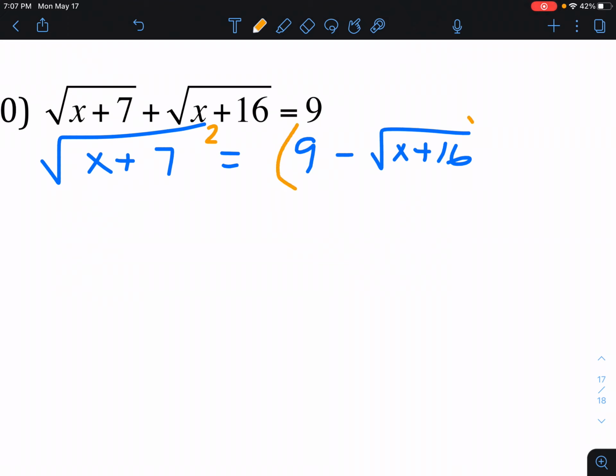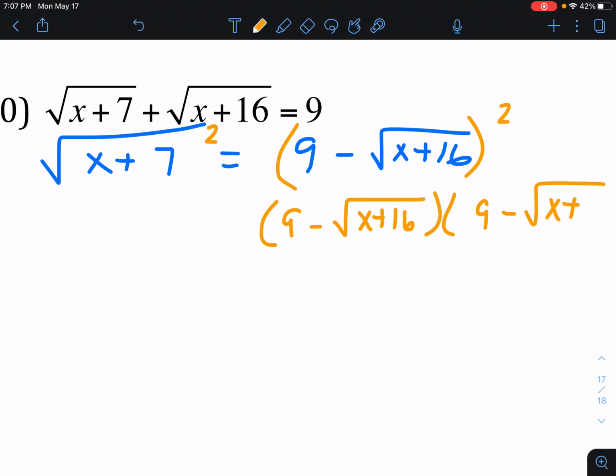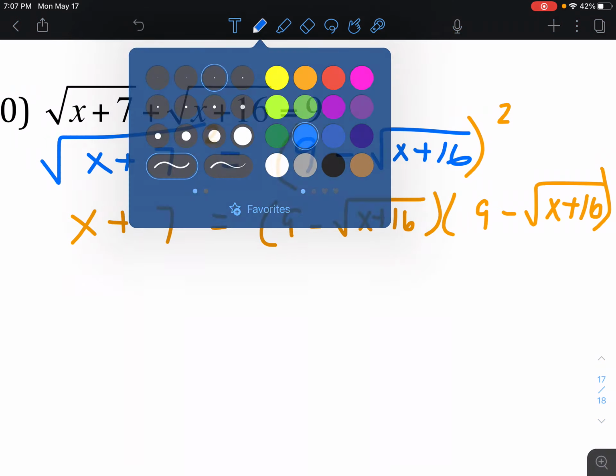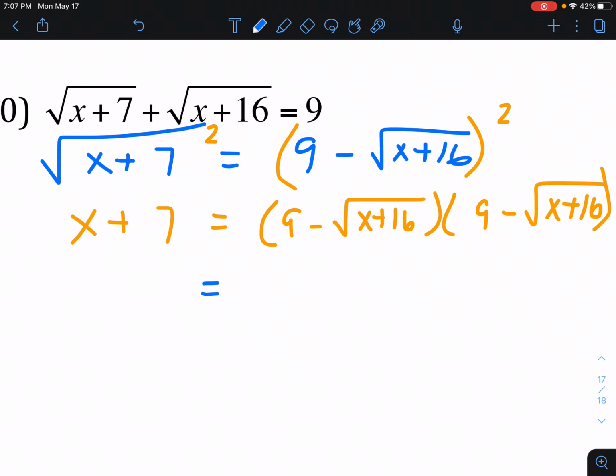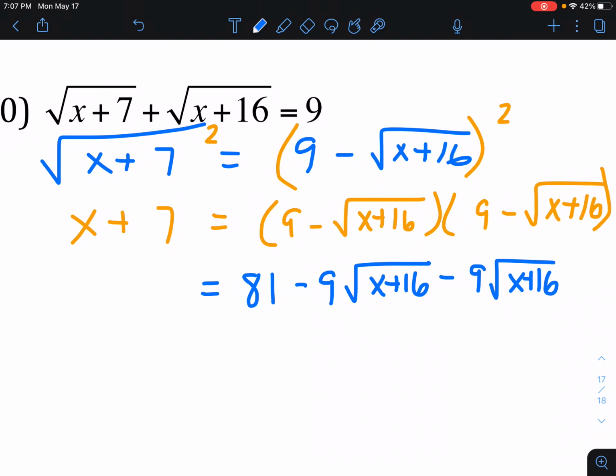Unfortunately, we're going to have to write it twice and FOIL on the right. Okay, so let me FOIL: first, outside, inside, and then last I'm going to be very careful.